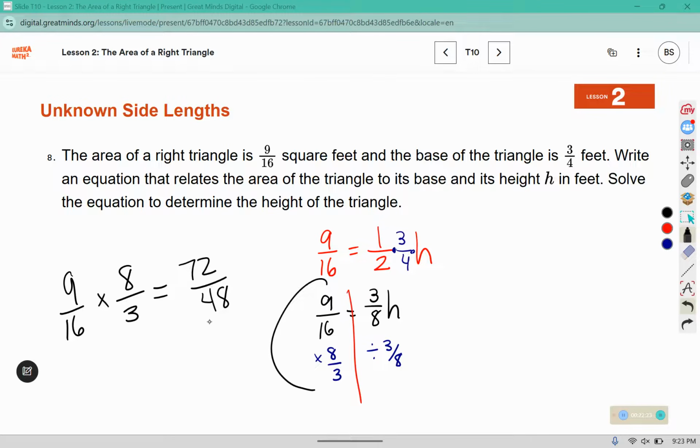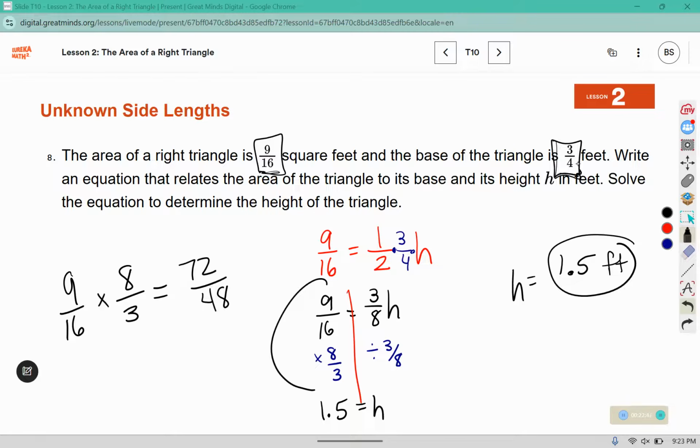If I divide 72 by 48, that comes out to 1.5. So our height is 1.5 feet. Or you could write it as a fraction, since these ones are fractions. That would be 1 and 1/2.